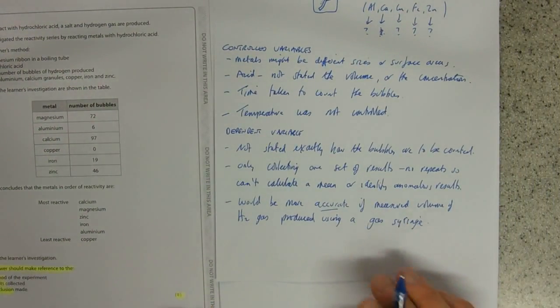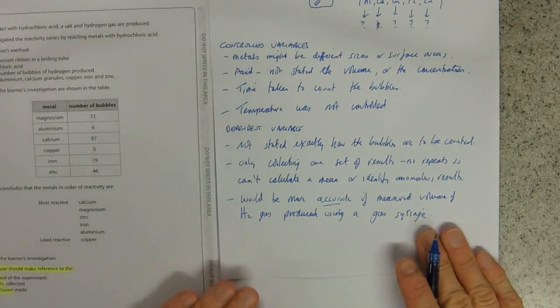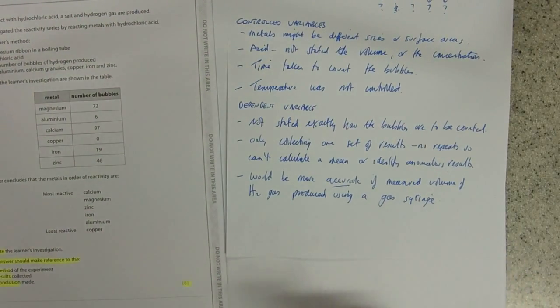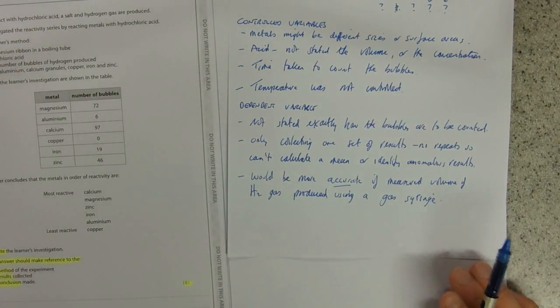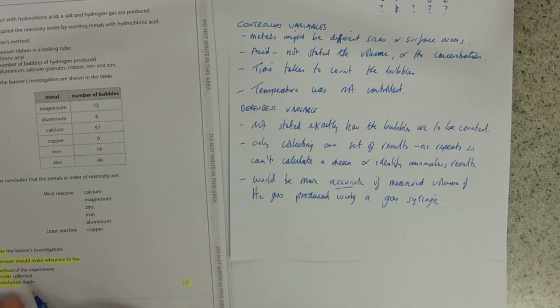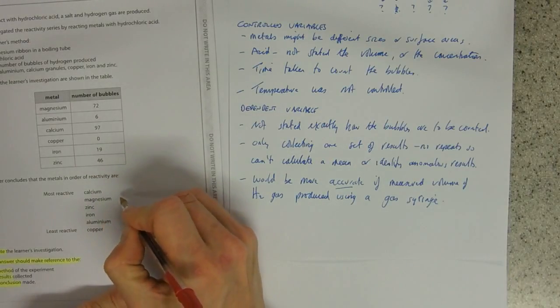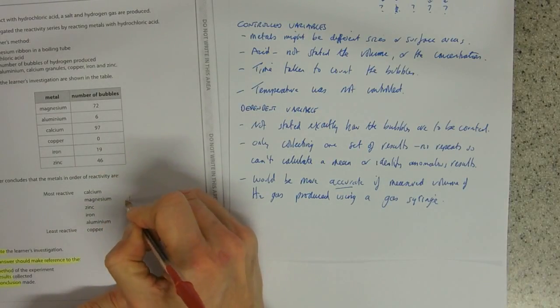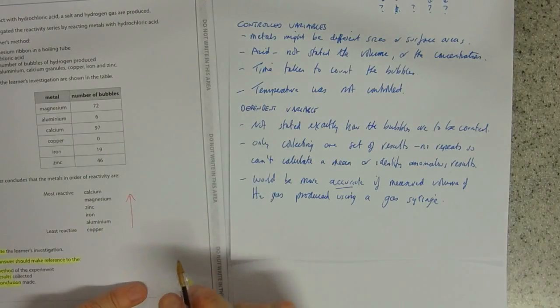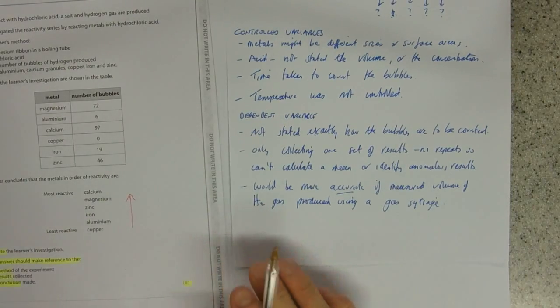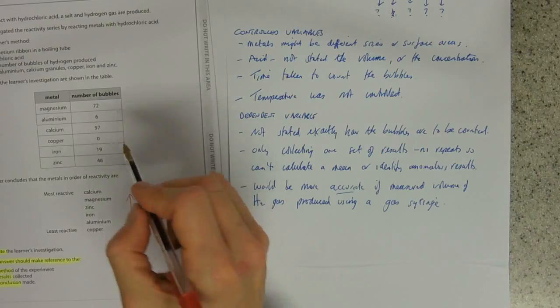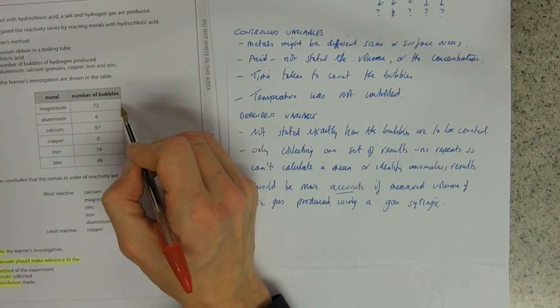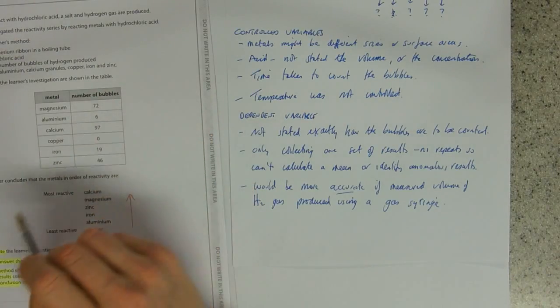And the last little bit, which was actually ignored by a lot of students who were at the time marked, was we need to evaluate their conclusion. The student thinks that is the order of reactivity. Do their results support that? Well, which had the most number of bubbles?